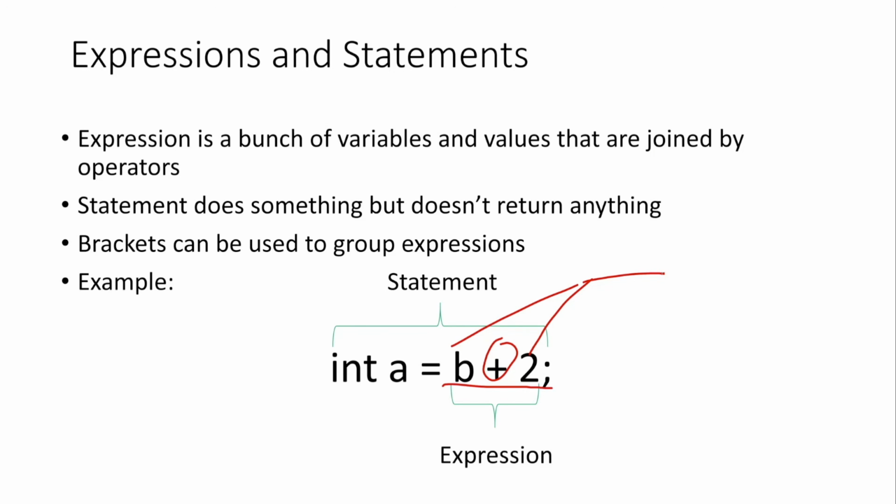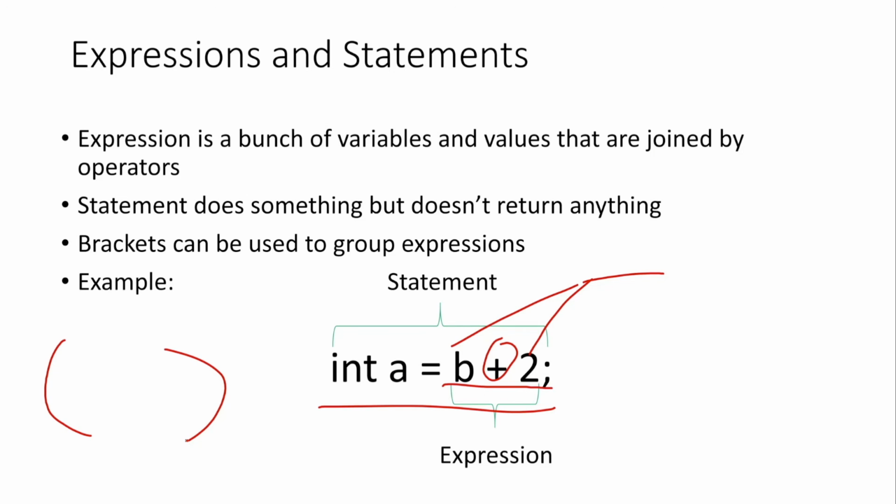So in this case, the statement is making a equal b plus 2. So what it's doing is that whatever the expression outputs, it's making that a. Now you can use different brackets, like the round normal brackets, to group different expressions.